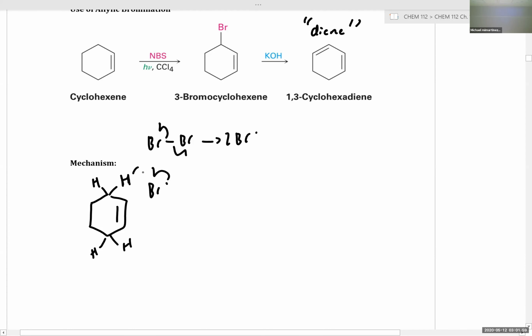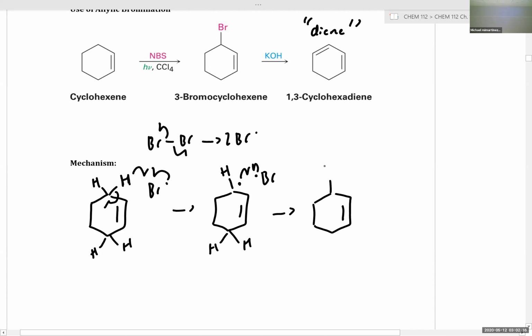Our bromine radical abstracts a hydrogen. And then our allylic radical combines with our bromine radical to generate an alkyl bromide. From here, potassium hydroxide then removes a proton and we eliminate our allylic bromine.